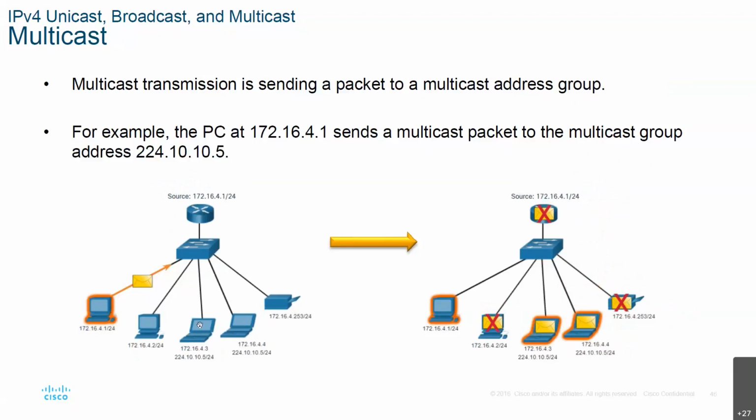For example, these two notebooks have a multicast group address, which is 224.10.10.5. So if I send it, only these two devices will receive. Others will not receive it. So we know what is unicast, what is broadcast, and what is multicast.